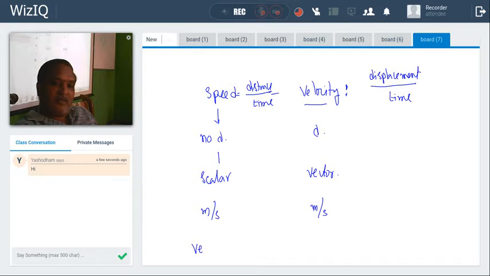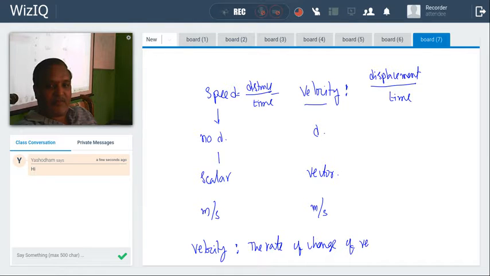In other words, we can define velocity like this. It is the rate of change of displacement. Rate means by time. Whenever you use rate, it means by time. Sorry, I'm extremely sorry, it is not rate of change of velocity.